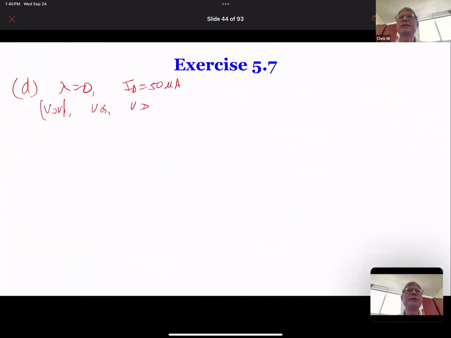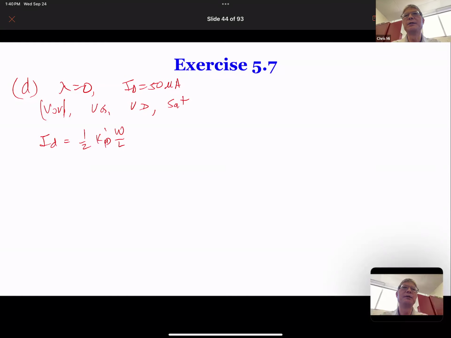Now, since ID is given, and it also says in the saturation region, that has to be given, otherwise we cannot decide. So once in saturation, we can write ID as 1/2 Kp prime W over L VOV squared.